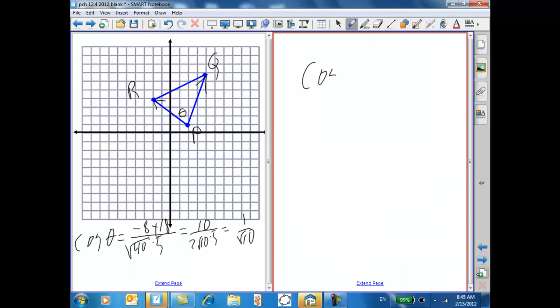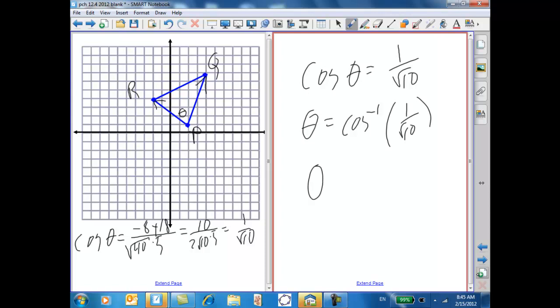So if the cosine of theta equals 1 over the square root of 10, we're pretty close to 90 because 1 over the square root of 10 is kind of small. Not that small, it's like a third. So theta equals the inverse cosine of 1 over the square root of 10. And I think this time we get a little less than 90 because the cosine is positive. 71.6 degrees.